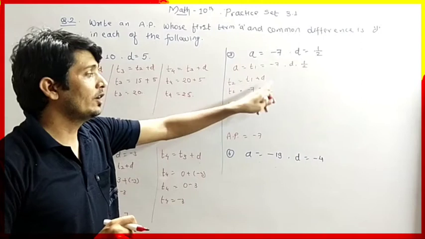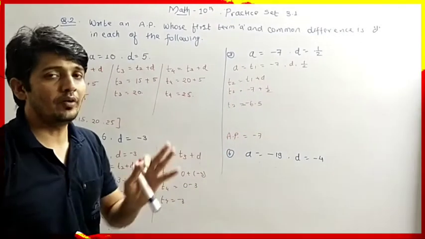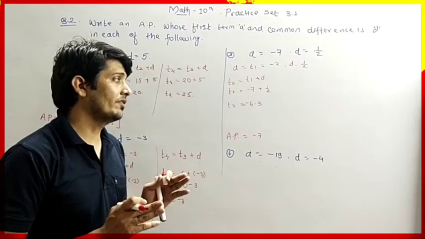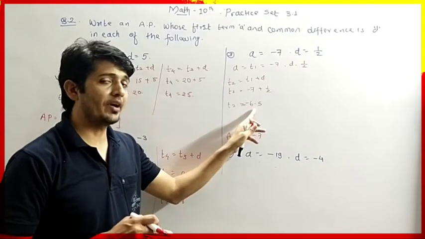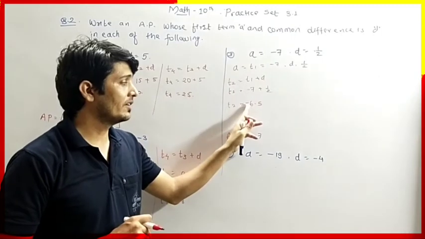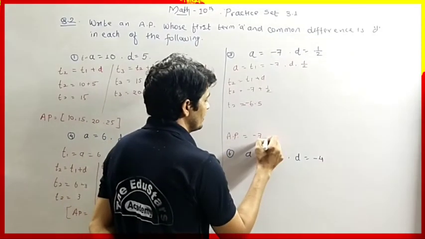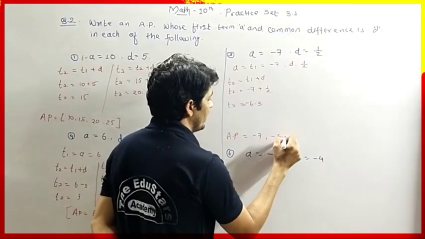It is negative 6.5. 1 by 2 is nothing but 0.5. If you subtract 0.5 from 7, you will get 6.5. But the larger number has a negative sign, that's why we have taken a negative sign. So the next term is minus 6.5.